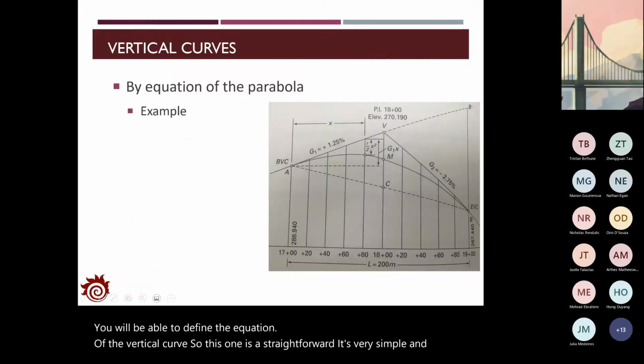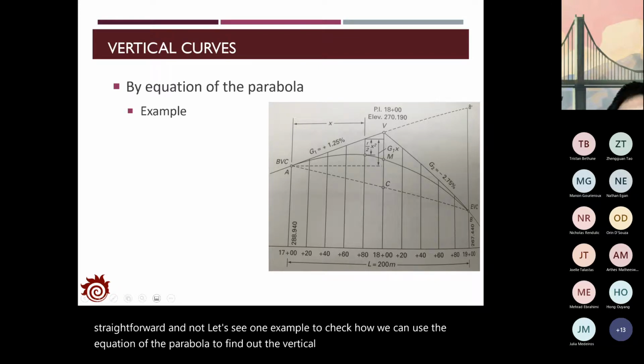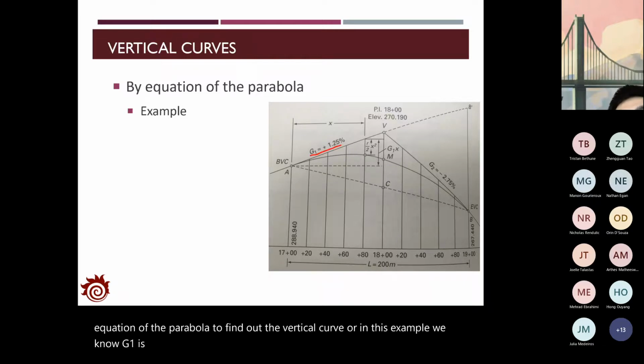And now let's see one example to check how we can use the equation of the parabola to find out the vertical curve. In this example, we know G1 is 1.25%, G2 is minus 2.75%.